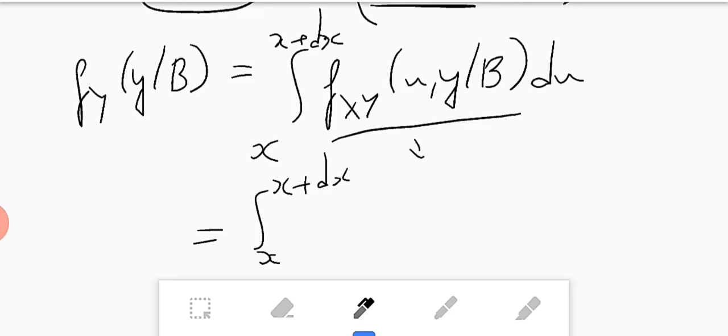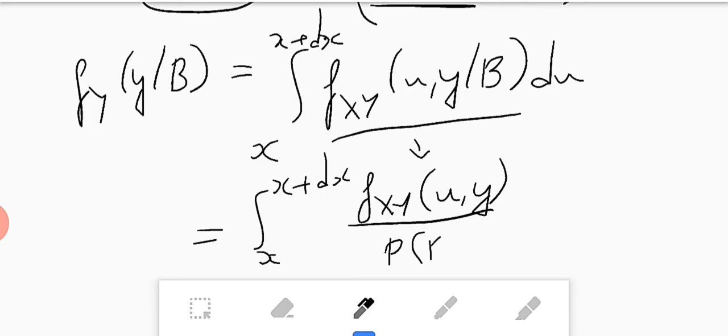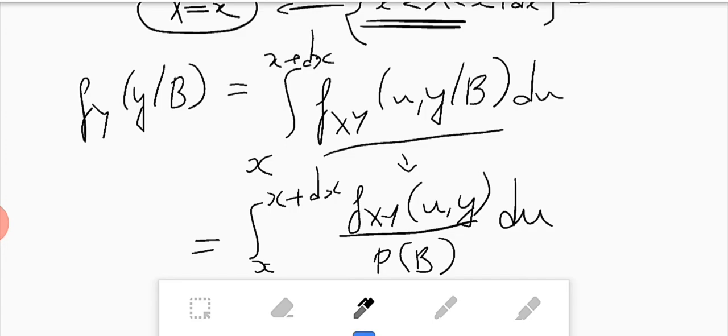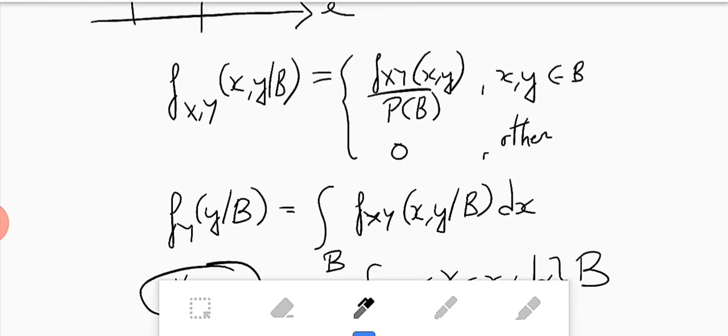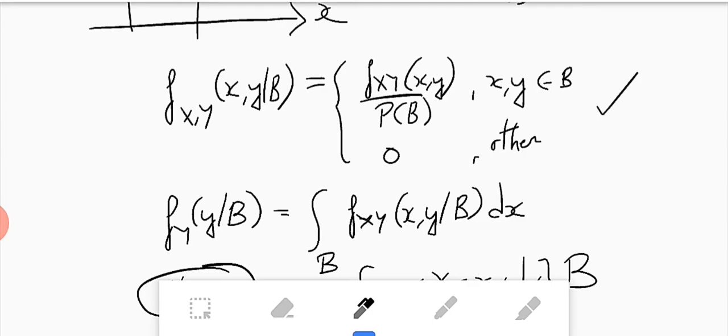This equation is nothing but your joint PDF divided by probability of B. I hope you are understanding from where this equation came from.